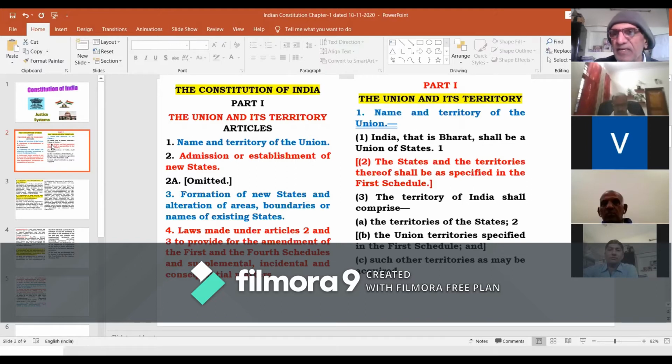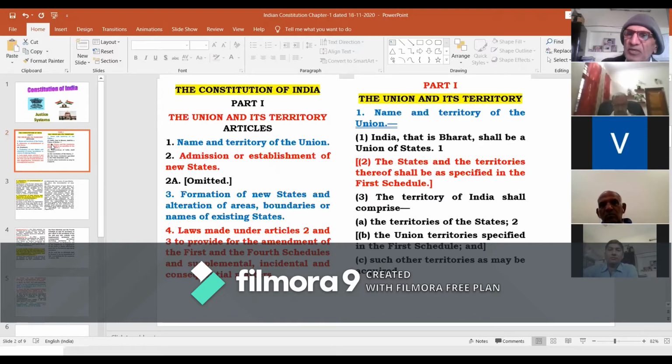However, Article 3 is regarding the formation of new states and alteration of the areas and boundaries, etc., what we call reorganization of states, as Haryana was created and Punjab was reorganized.